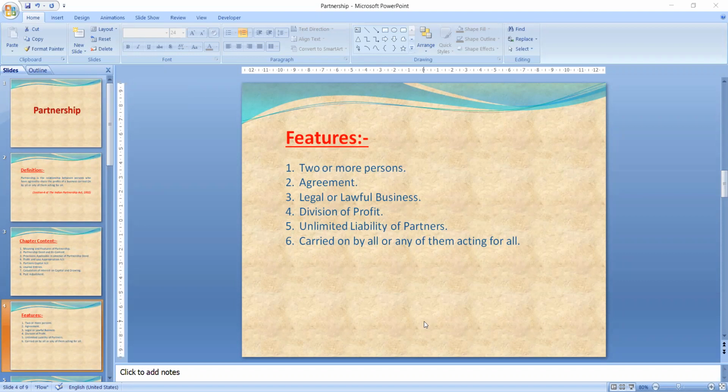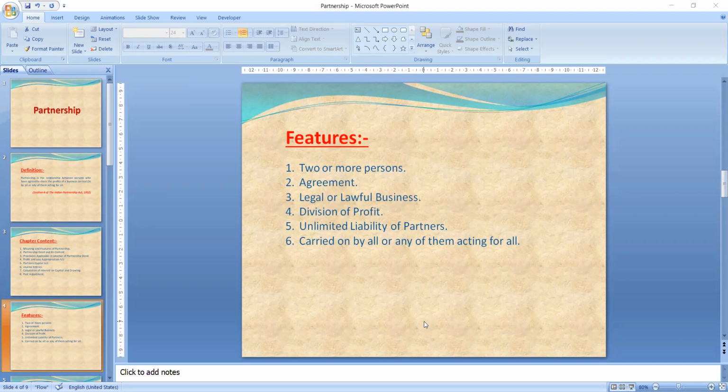So partners will bring their personal money to pay those liabilities until their personal assets become nil, finished. If a partner has any assets, he has to pay the liability of the business.